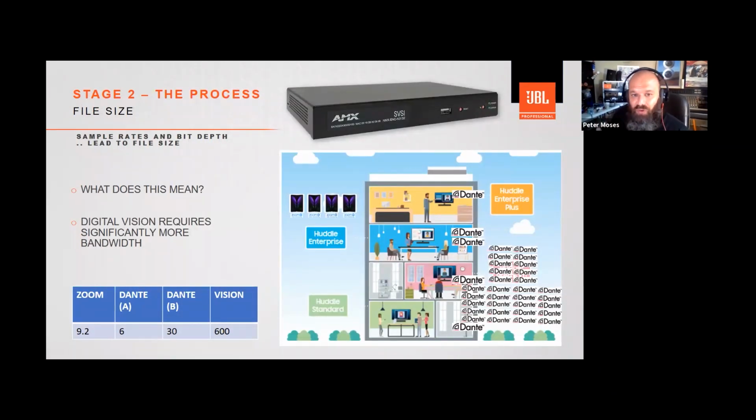As we put forth our SVSI digital encoder and decoder into our system, we now see that we can compress what was perhaps a 2 gigabyte file, a 3 gigabyte file, down to 600, 800 megabytes.